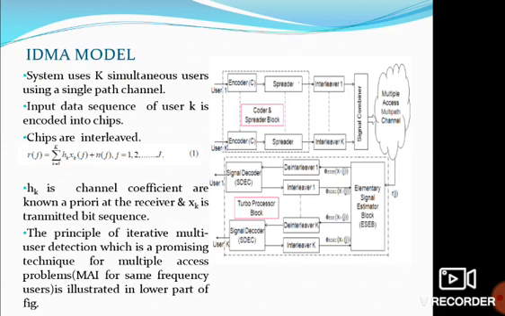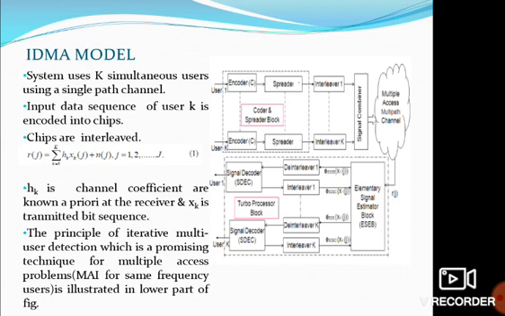Chips are interleaved and the value is given by Rj = sigma over k = 1 to K of hk xk + nj, where j varies from 1 to J. Here hk is the channel coefficient, which is already known by the receiver, and xk is the transmitted bit sequence.